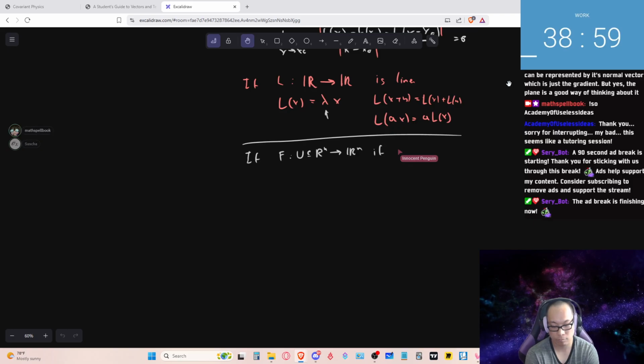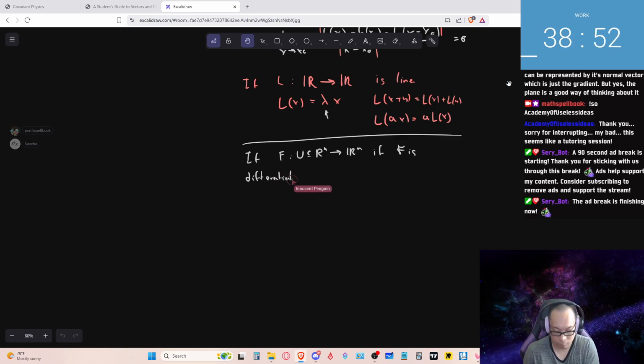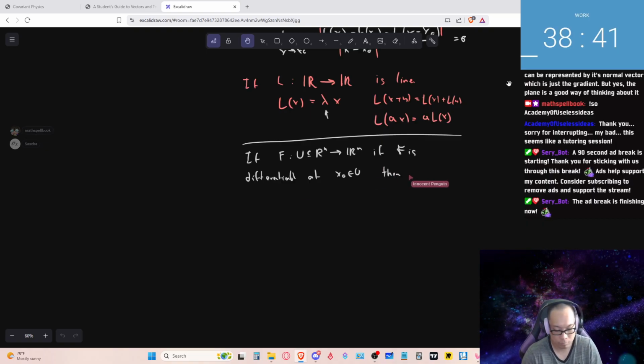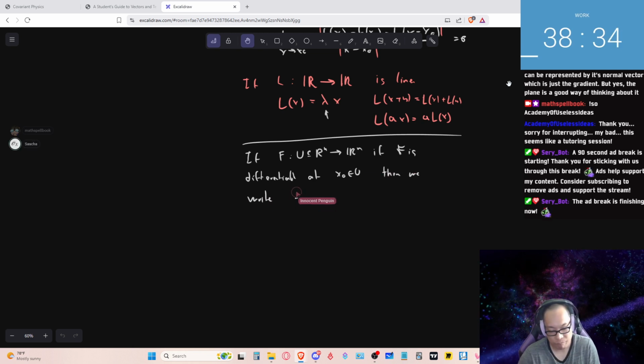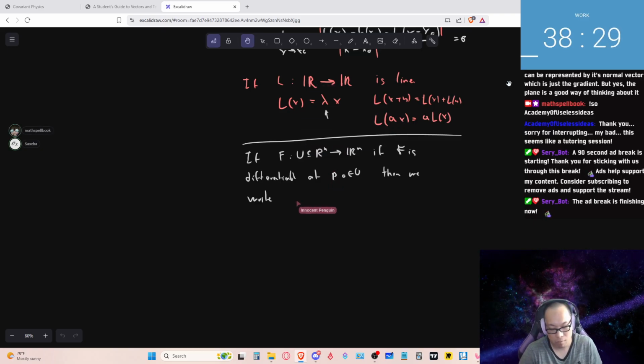If f is differentiable at, let's say, x0, then we write, if I want to use the notation I used previously, I should put the P0, then we write df of P0.